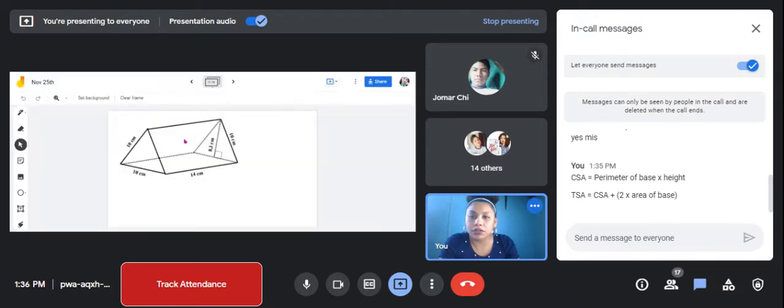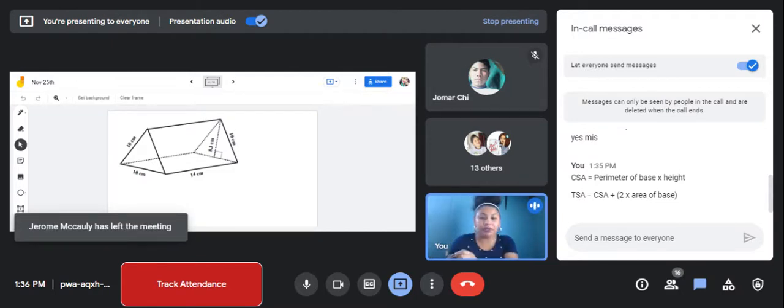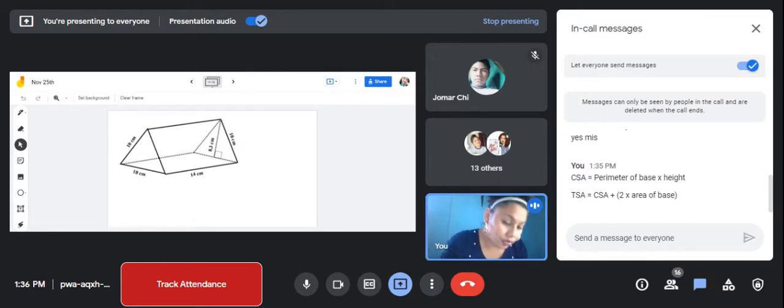Sharing this one. Let's do one before we go into the actual problem. To find the surface area, there are two things we have to find: the curved surface area, and then the total surface area. The answer that we want is the total surface area. If I look at the formula of CSA, which is curved surface area, what does the formula say?